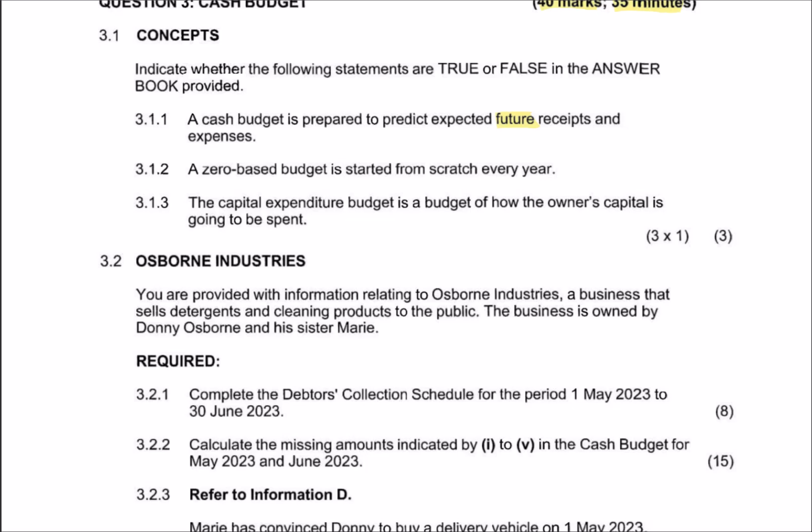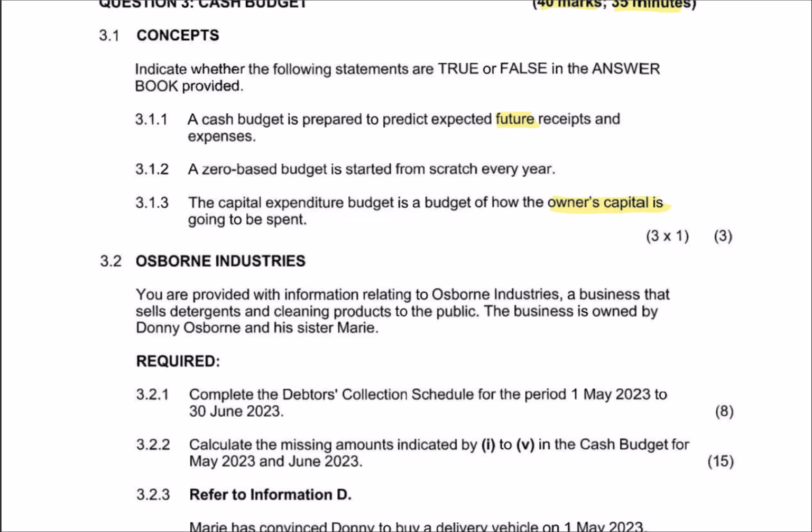The capital expenditure budget is a budget for how the owner's capital is spent. I know it becomes a little bit confusing because in grade 10, the money that the owner puts into the company is called capital. That's capital investment. But when you talk about capital expenditure, you're not talking about how someone spends that capital, because you don't spend capital.